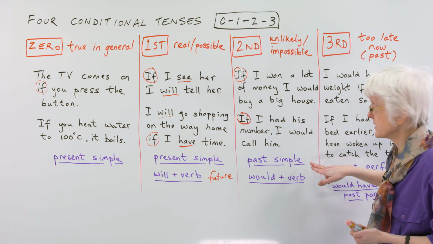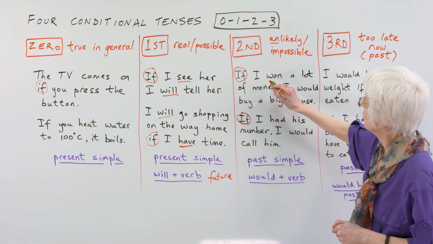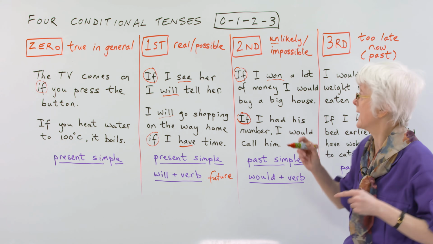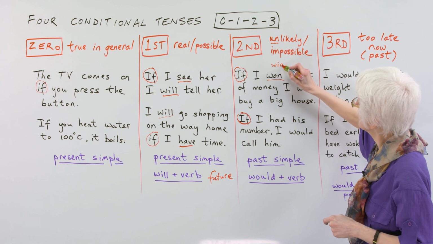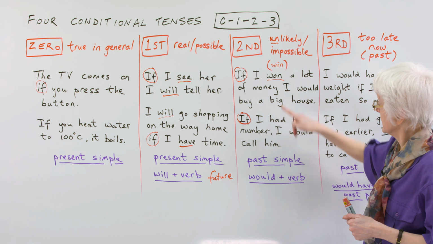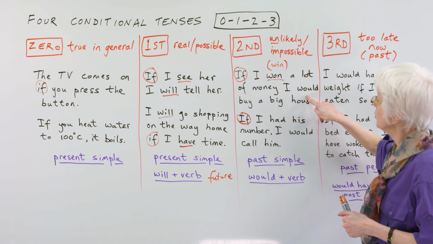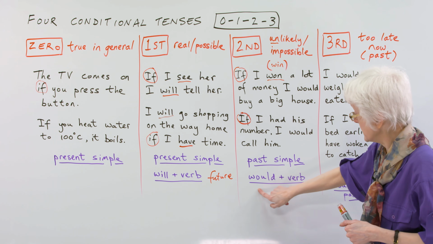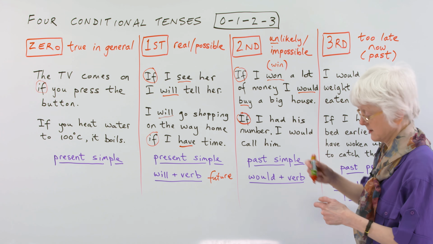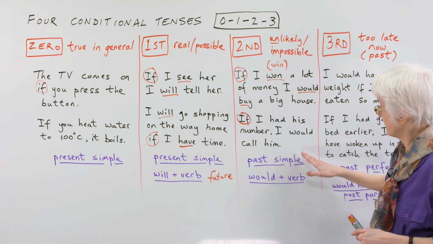Okay, so the tenses here are the past simple. If I won, that's the past tense of to win. So if I won a lot of money, that's the past simple. I would buy, so it's would plus the verb, would buy a big house. Okay?